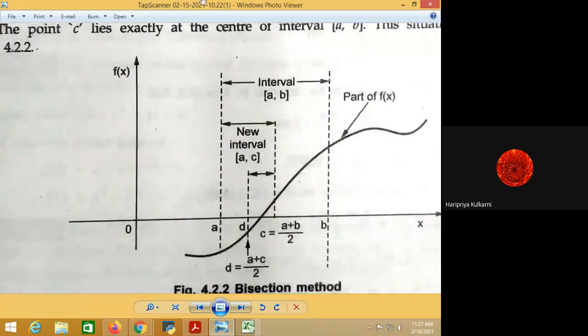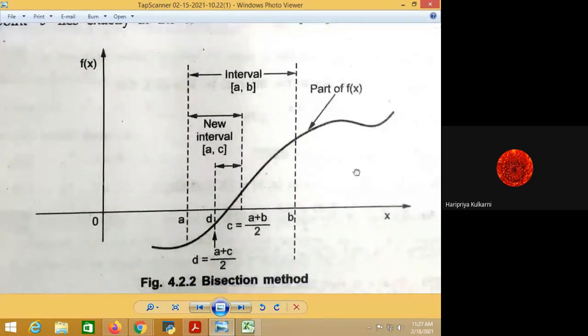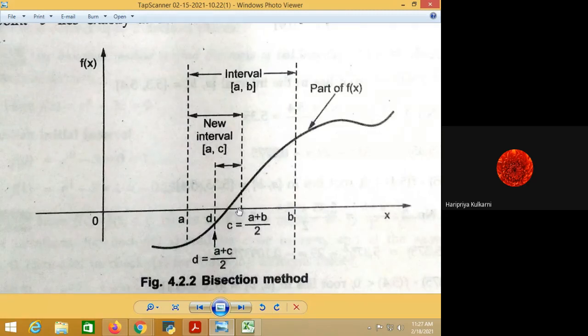Now we have to check whether f of a into f of c is less than 0 or f of b into f of c is less than 0. Any one of them will be true. In this case you can easily say f of b into f of c won't be less than 0, because both are on the right side of the root, whereas the root lies somewhere between a and c.